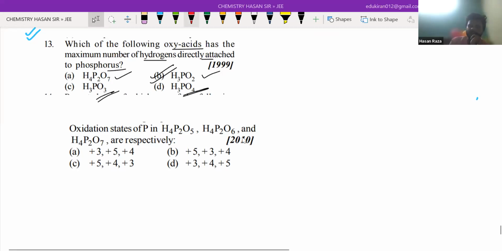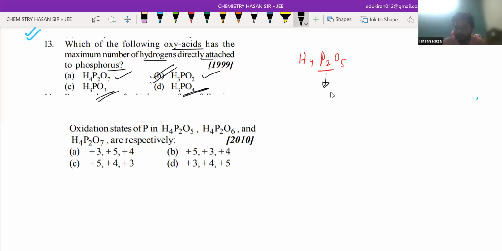Okay, I'm going to explain it. Very good, Shahid. For H4P2O5, you need to calculate the oxidation state of phosphorus. First of all, I take the oxidation state of phosphorus as X. Since there are two phosphorus, it will be 2X plus 4 hydrogens, each with plus 1 oxidation state, plus 5 oxygens, each with minus 2 oxidation state.